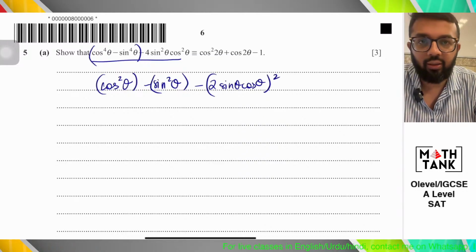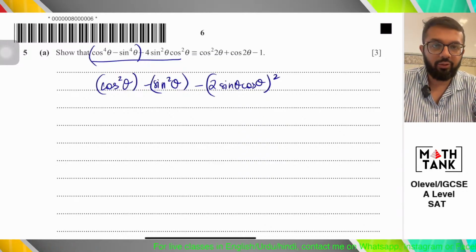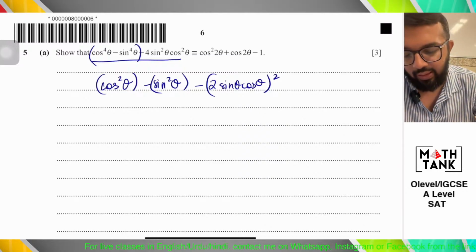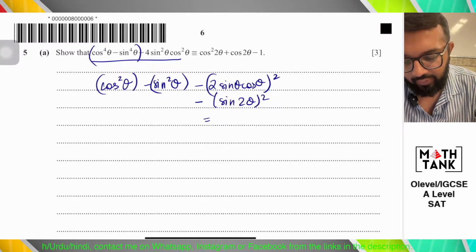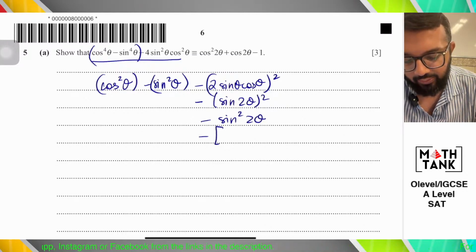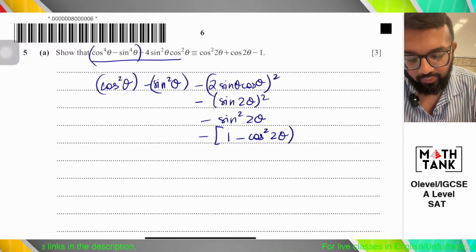Given that you've done enough past papers, you should be able to see this as well. This becomes sine 2 theta whole square, which becomes minus sine square 2 theta.